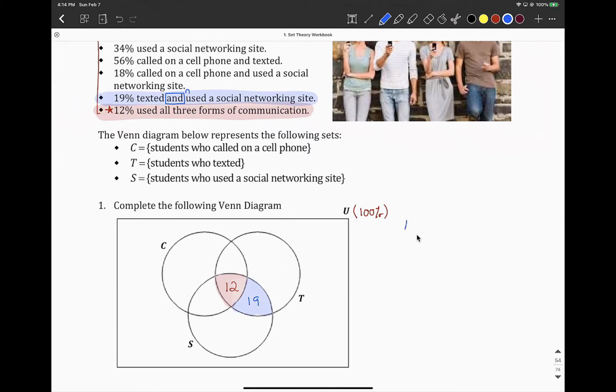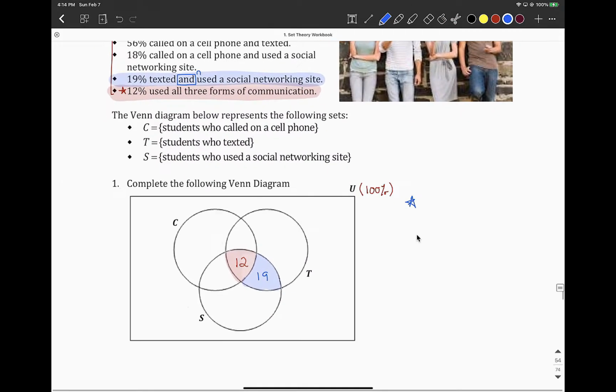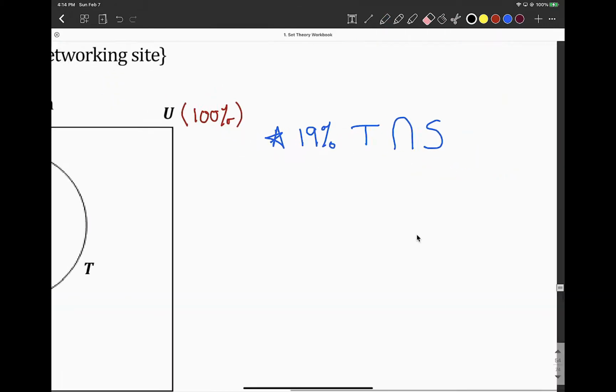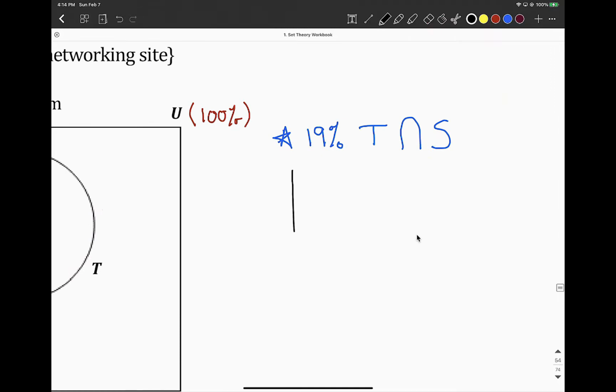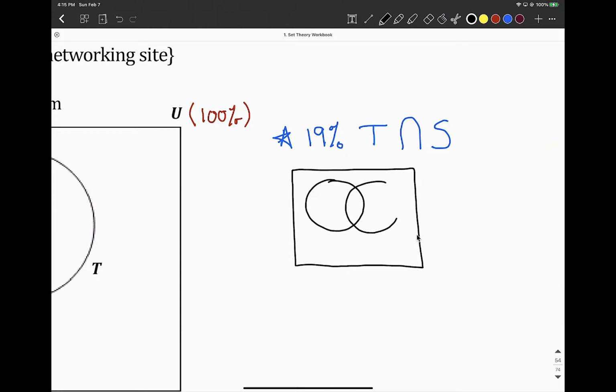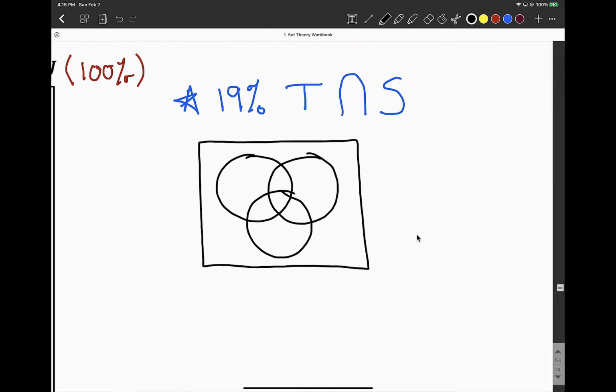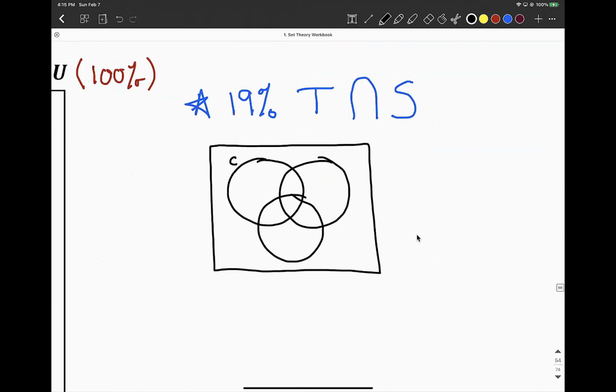However, let me bring this aside here. It said 19% texted and used social media. Now, what they're trying to indicate here, and I'm going to have to draw this out a little bit again. I'm not worried about cell phone usage at all. There's no mention.